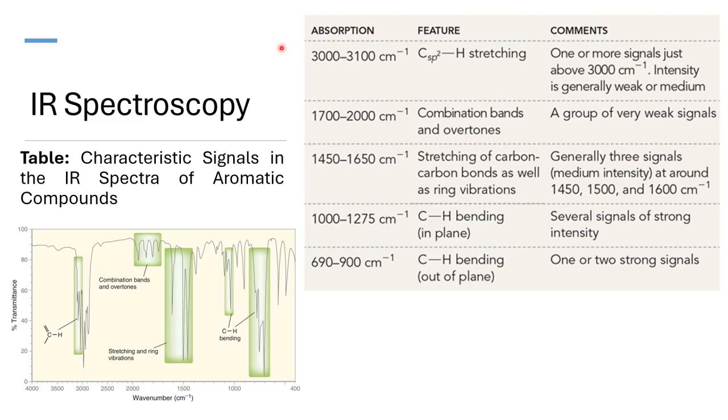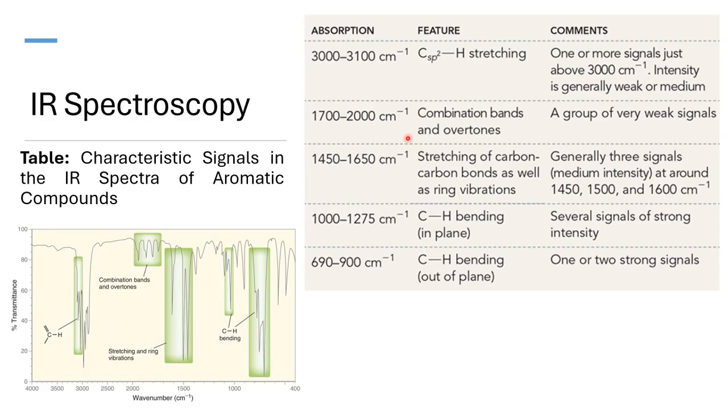IR spectroscopy. Let's consider the characteristic signals in the IR spectra of aromatic compounds. Absorptions at 3000 to 3100 wave numbers is due to the CH stretching, and the C is sp2 hybridized or a ring C. Notice how we have them right here for a given aromatic compound. There will be combination bands and overtones.